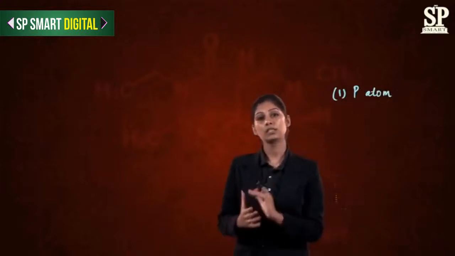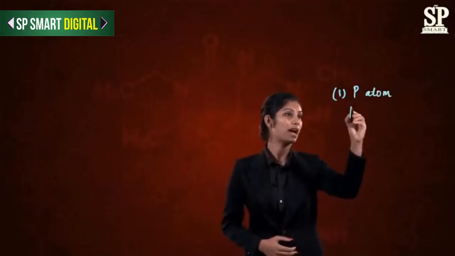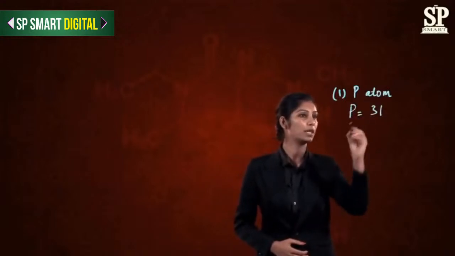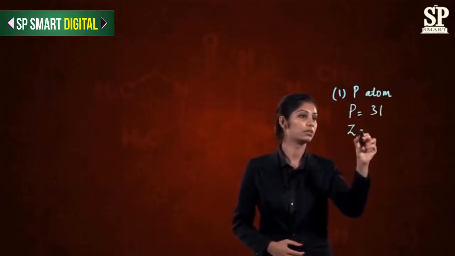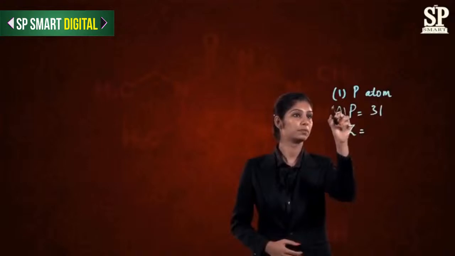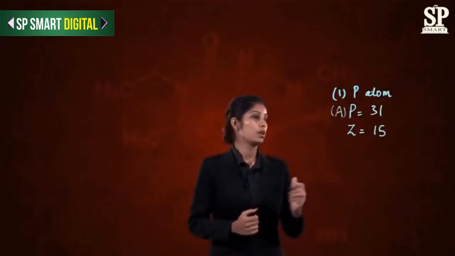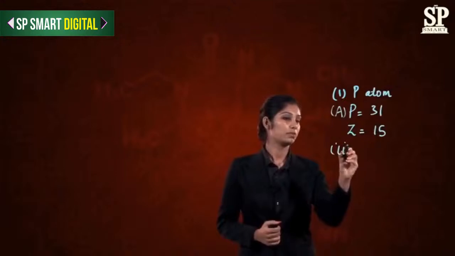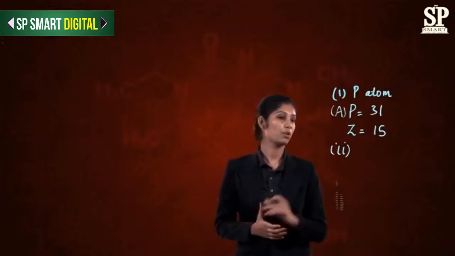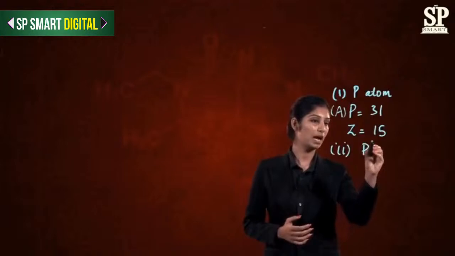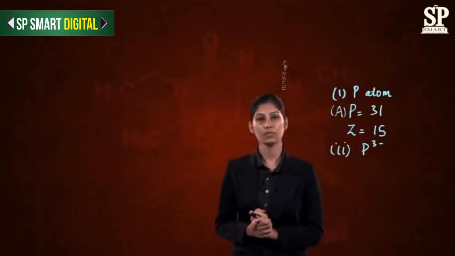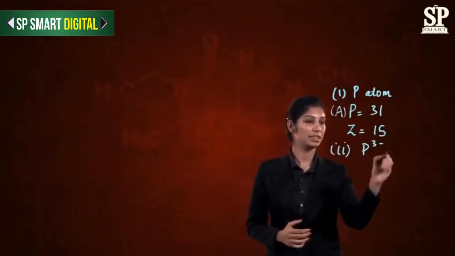Now, the mass number of the phosphorus atom is 31 and its atomic number is 15. Second part is, we need to calculate electrons, protons and neutrons for phosphide ion. It is represented this way.